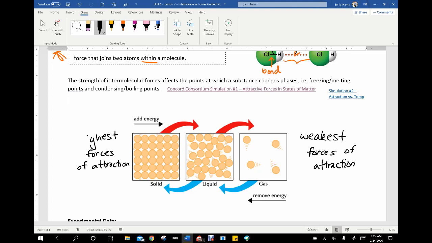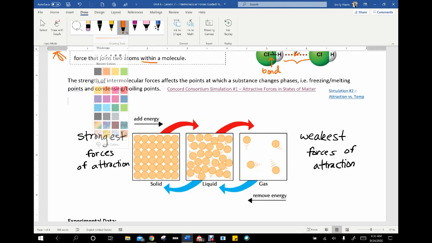While I'm at it, I'm going to change the word highest to strongest, just for consistency here. All right.